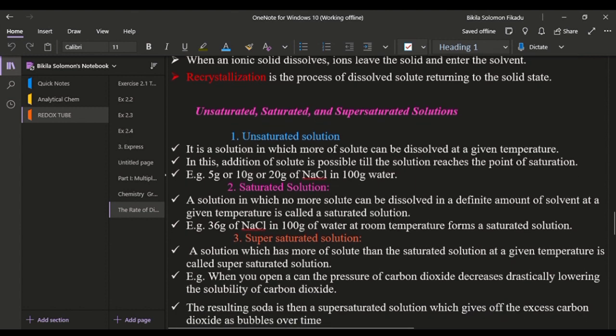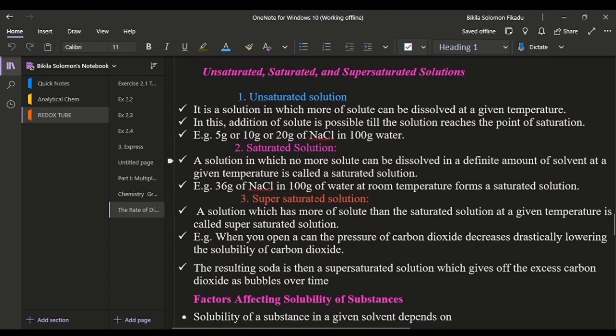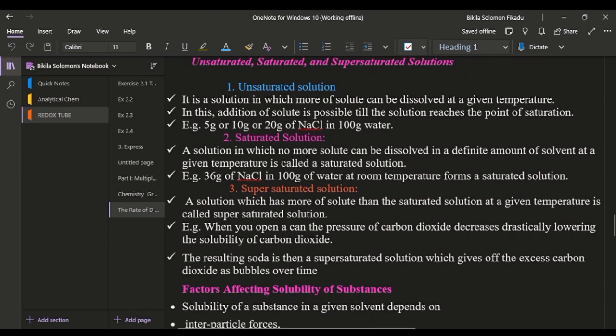So the second one is saturated solution. So saturated solutions means no more solids can be dissolved in definite amounts of solvent at a given temperature. So in case of this, no more of solute can be dissolved.